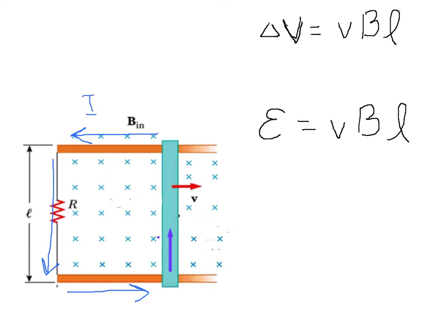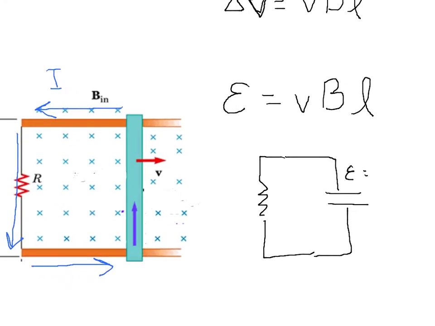So if we draw a little circuit diagram, it actually looks very familiar. This is just a resistor with current going through it, and that current is being generated by an EMF. What's different here is instead of like a 9-volt battery or something, we have a motional EMF.